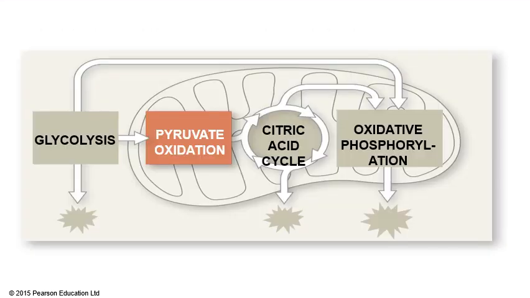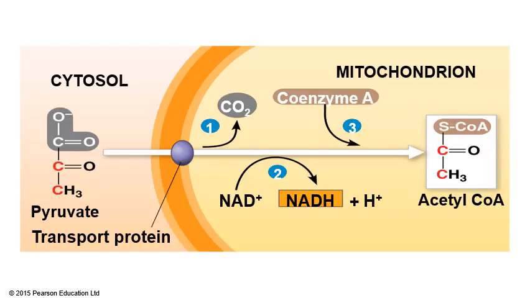So before entering into the citric acid cycle, pyruvate is going to get oxidized further. This one is showing you pyruvate in the presence of O2, being further oxidized there.